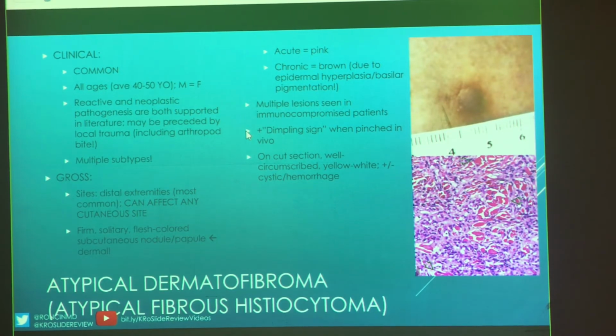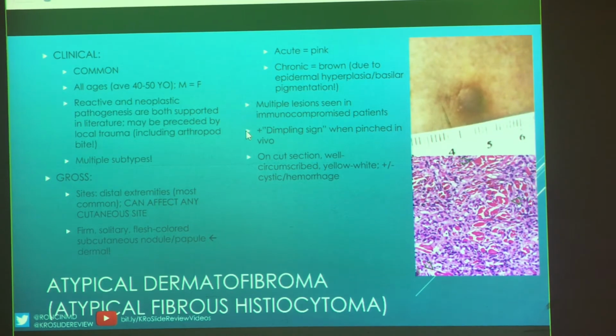These are firm, solitary, flesh-colored papules, so hopefully you can appreciate that from the picture that I found to put in there. When they are new, they tend to be more pink, and as they get older, they tend to be more brown, and that's related to both the epidermal hyperplasia and basilar pigmentation that goes along with that.